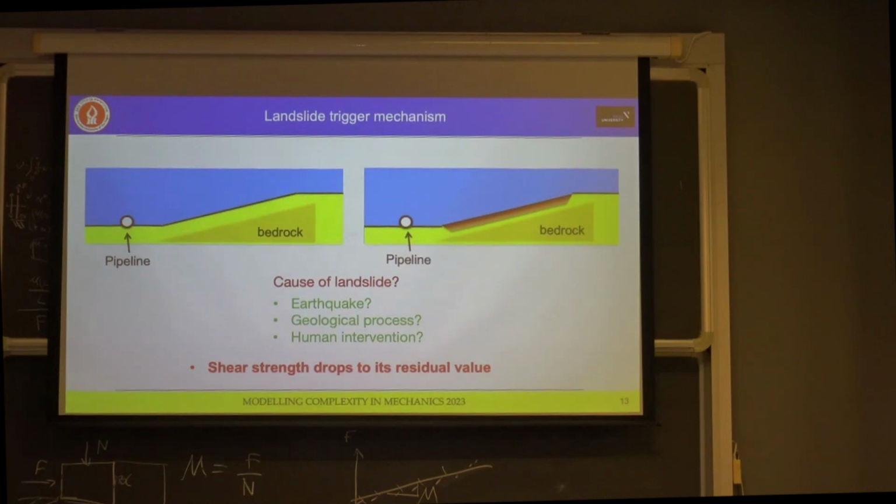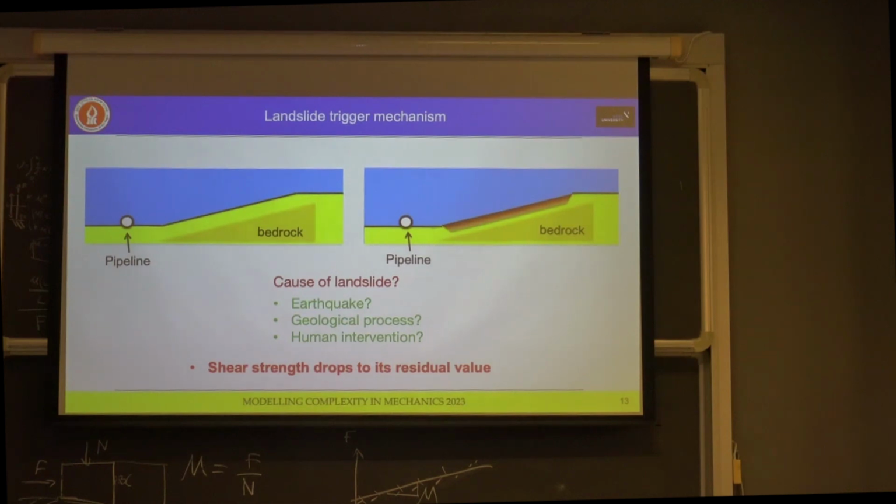And now when we arrive at this slide, we are talking here about the cause of the landslide. So what could be the cause of the landslide? In general, in most cases, it's earthquake. Yes, we have earthquakes, and then we have some disasters in different places. Also, we can have here a landslide. So we can have, for example, tsunami.